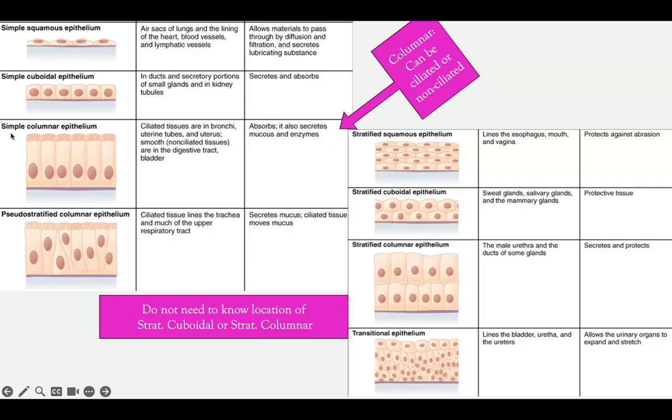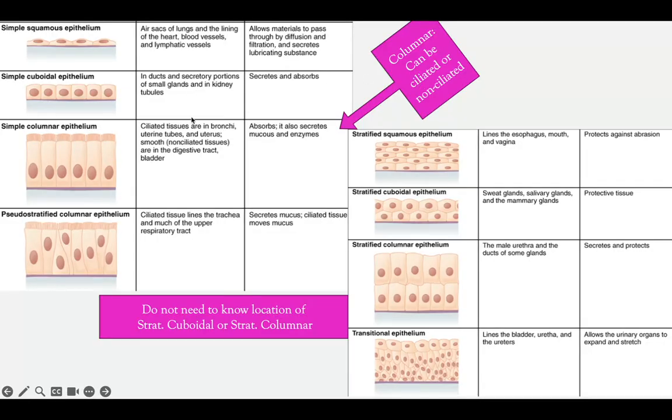Now, we have simple columnar epithelium. This simple columnar epithelium can either be ciliated or non-ciliated. So we would call it ciliated simple columnar or non-ciliated simple columnar. We can see it's still one layer, and it actually looks like microvilli on top, but it also could be cilia.